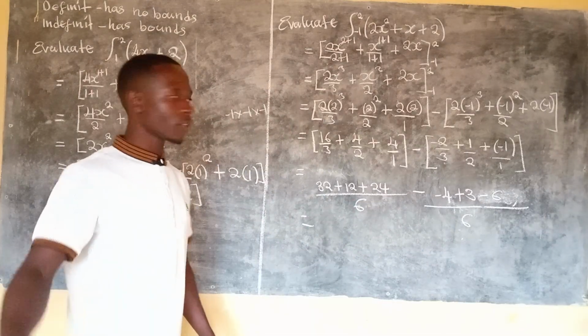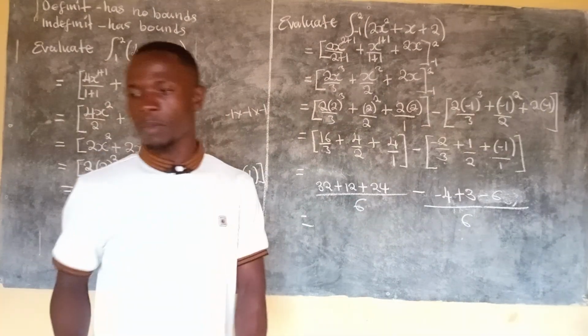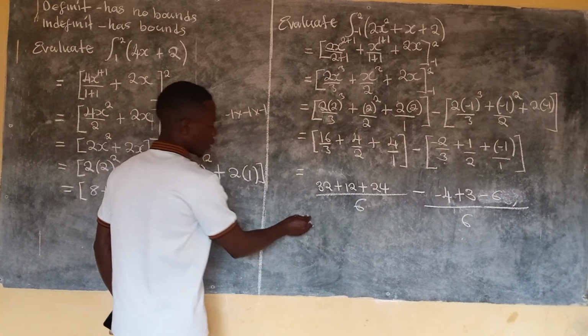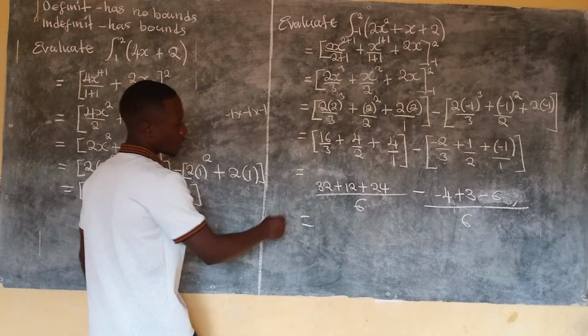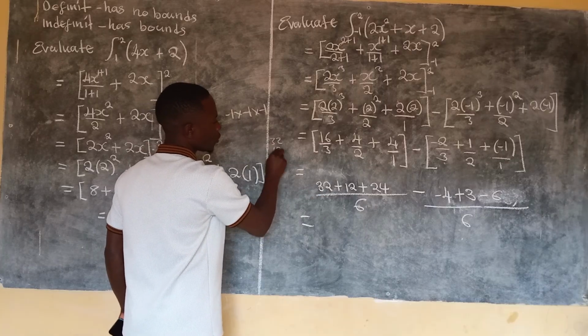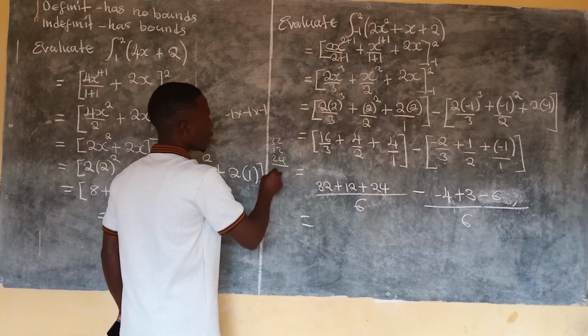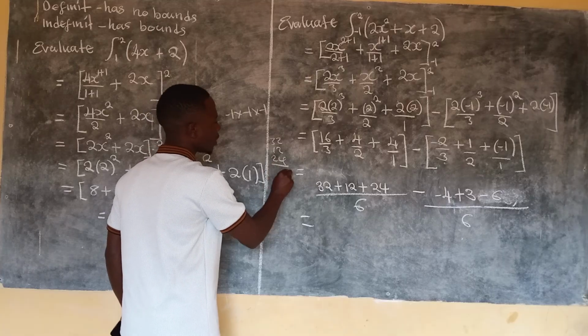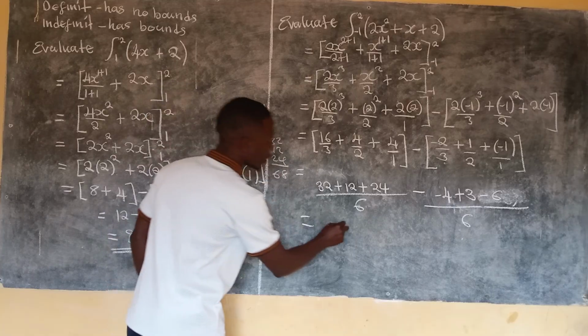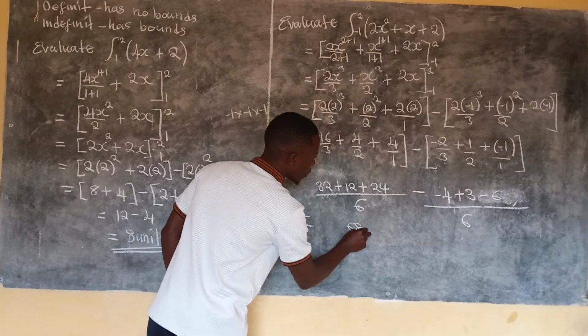I'm asking for a calculator so that we can be fast. Okay, let's see. This plus this: 32, 12, 24, it will give us 68.